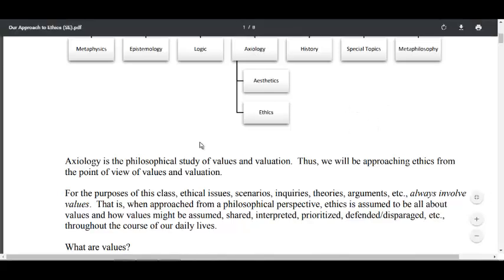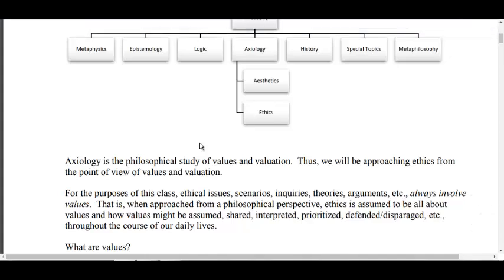Well, axiology, just in general, there's a lot of ways people could define it. But typically, it's a philosophical study of values and valuation, how we evaluate things, how we place value on or perceive things as being valuable. And within it is aesthetics, which has to do with beauty and art and symmetry and crafts and anything that people make that has an attractive quality to it.